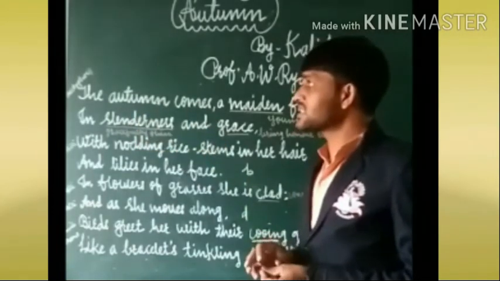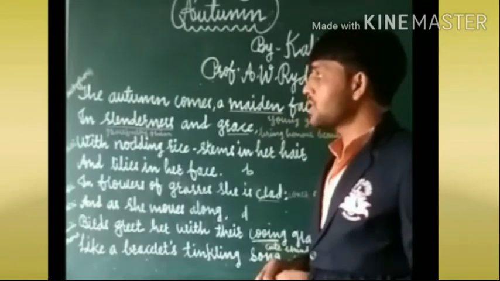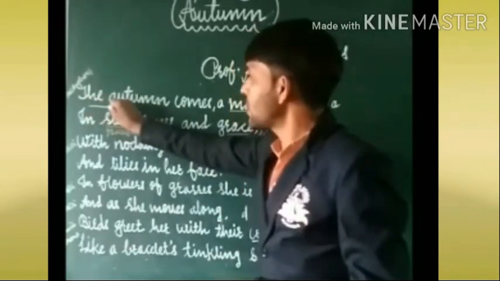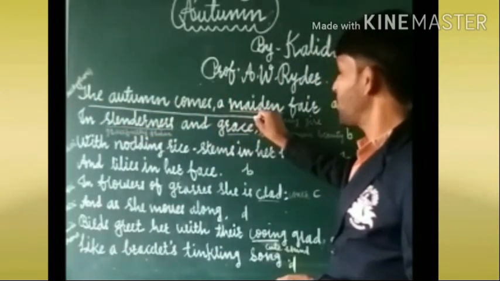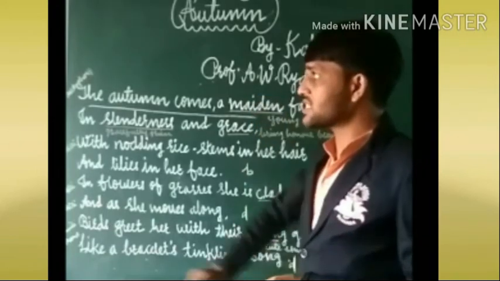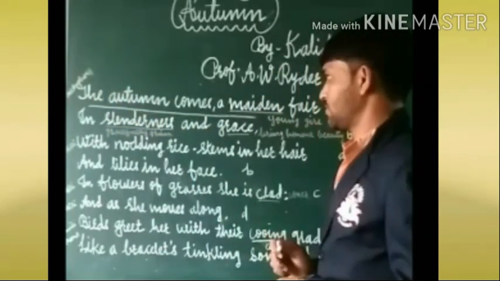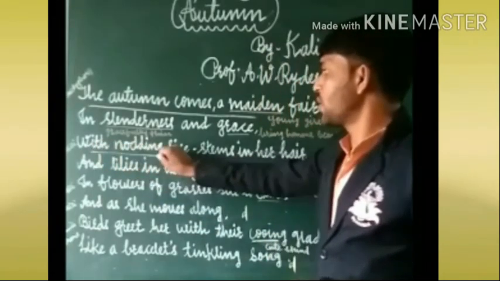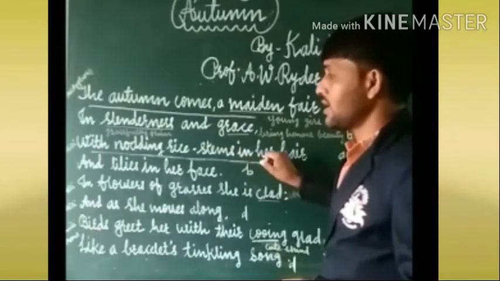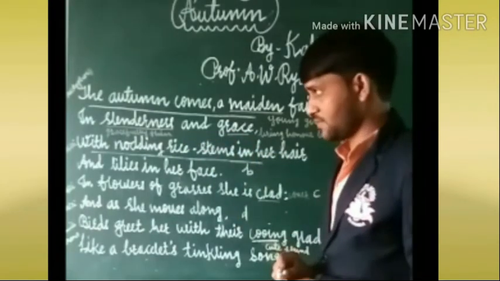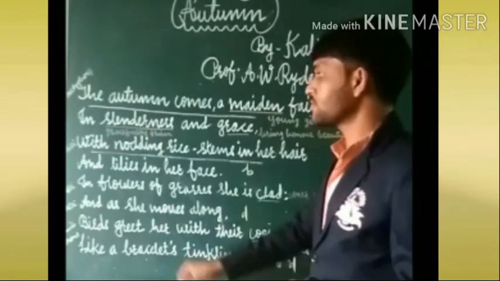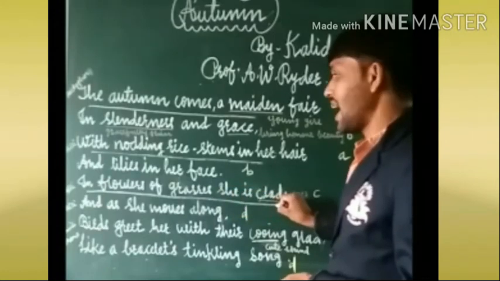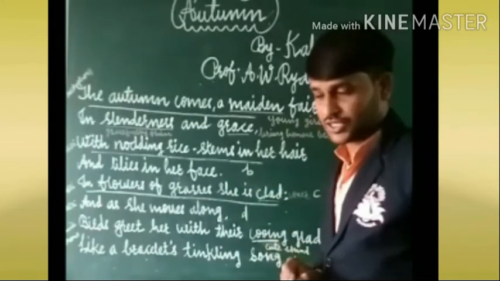Next, we can see that a number of figures of speech are used in this stanza. In the first line, The autumn comes, a maiden fair, a metaphor is used. In the next line, with nodding rice stems in her hair, alliteration is used. Again, in flowers of grasses she is clad, alliteration is used.